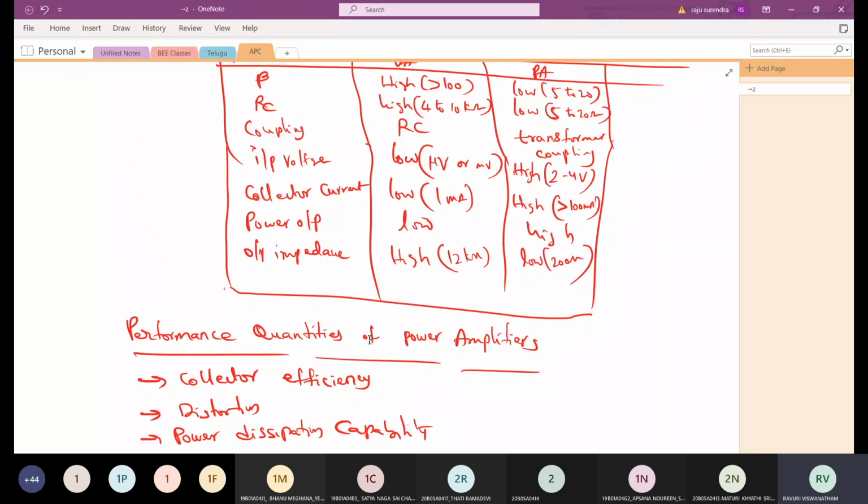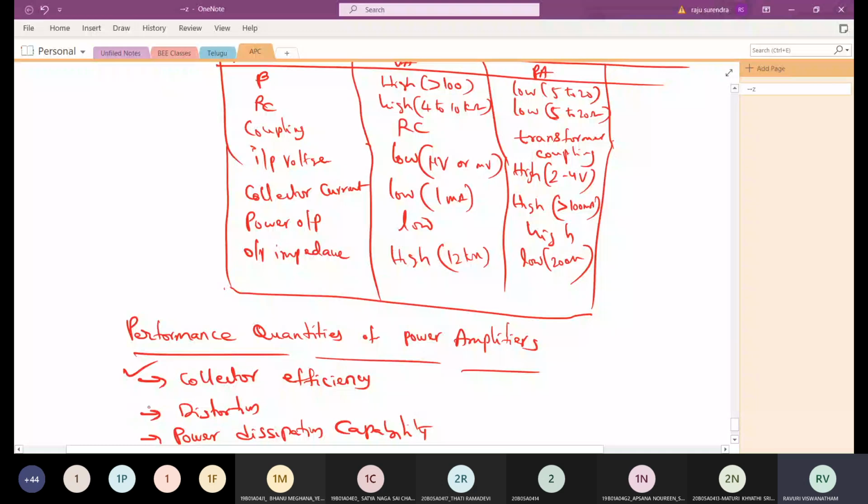Whether we are getting proper power or not depends upon the effectiveness of the collector. So this collector efficiency depends upon the AC output power we obtain with respect to the zero signal power from the power amplifier.